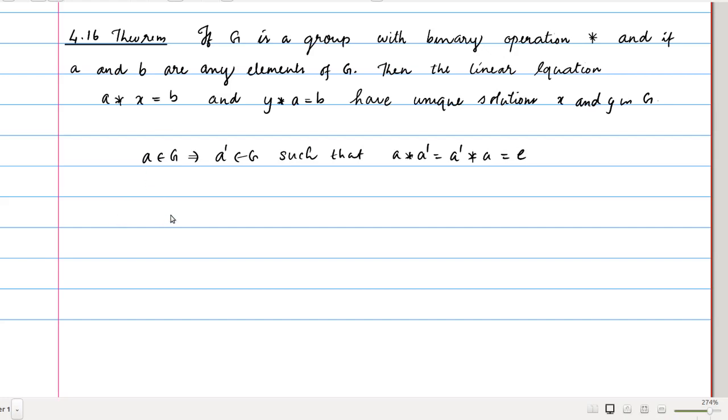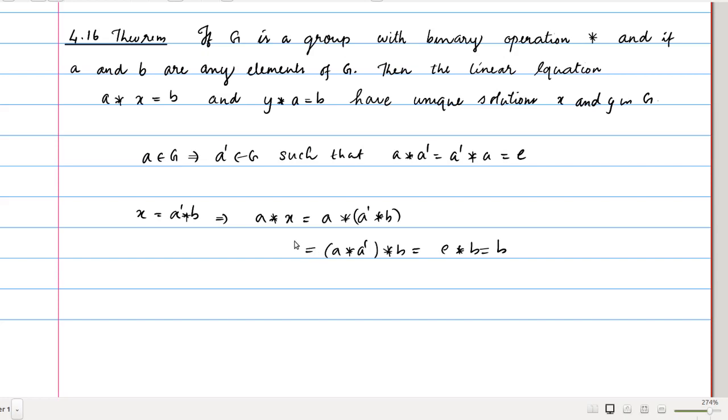Now put x equal to A prime star B, where A prime is the inverse of A. Then A star x is equal to A star A prime star B. We can associate the first two elements, A star A prime, star B, which is equal to E star B, which is equal to B. It shows that if you put x equal to this, which is an element of G because A prime and B are elements of G and G is a group, then you get A star x equal to B. So this is a solution of this linear equation.